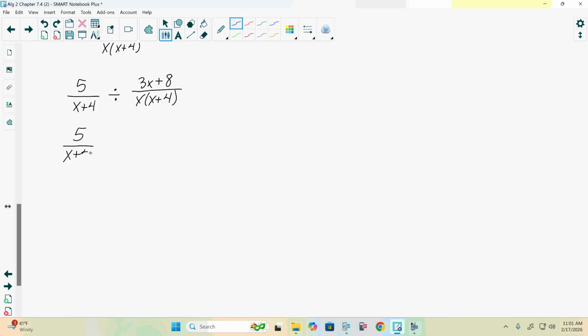But to simplify a division of two rational expressions, we keep the first one the same. We change it from division to multiplication and flip the second. Telling us that we have 5 over x plus 4 times x plus 4 over 3x plus 8.